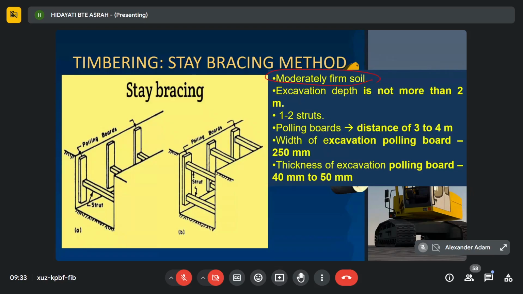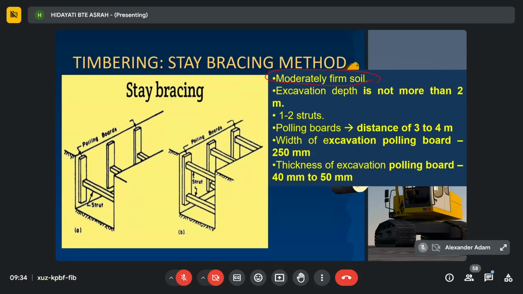type of timbering. For the first method, stay bracing, this method is used when you encounter moderately firm soil. Also, the project information may give the excavation depth. If it is more than, let's say, 5 meters, what type of timbering is suitable?